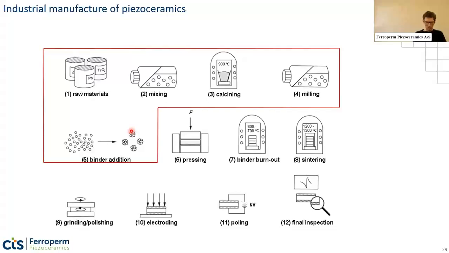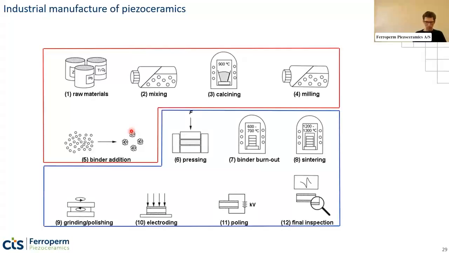So when we start an order, we start by pressing the material uniaxially, and then we have a specific shape, which is not too far from the final shape. Next, we can remove the binder by debinding, and then a high temperature heat treatment called sintering, where you eliminate the porosity.